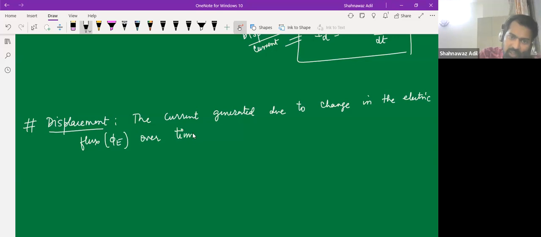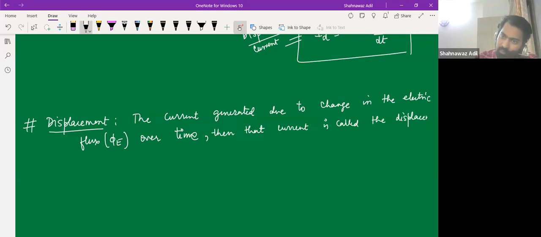If there is some change in electric flux, then there would be some current, which is called the displacement current. It is denoted by I D, and this is equal to epsilon naught d phi E by dt.